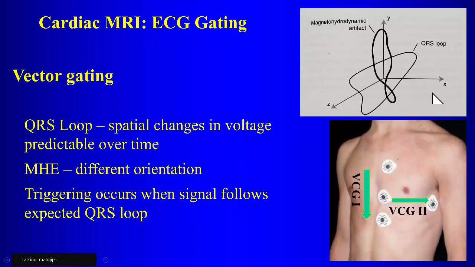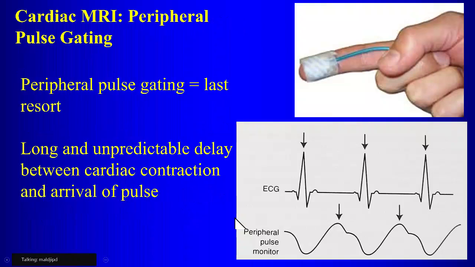They follow a certain direction in three-dimensional space over time, as opposed to the MHD effect, which doesn't follow that direction. So the software is able to separate out the voltage changes from the cardiac activity from the background having to do with the MHD effect. This is from setting up the leads and using what we call vector gating, so that the triggering will follow the true QRS loop for the patient.